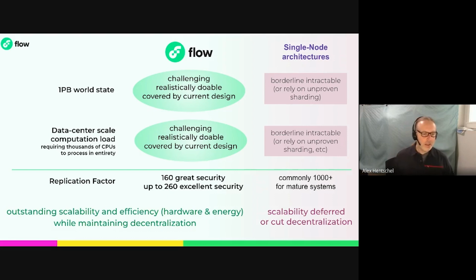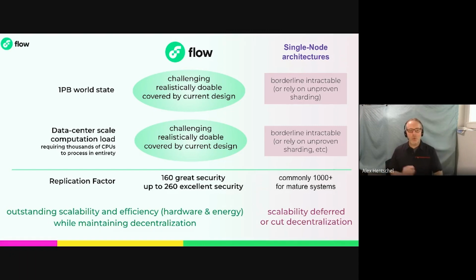Within a single node architecture, it's essentially intractable to have more than whatever fits in a single strong server machine. So you see here that in Flow's architecture, scalability becomes possible, which is fundamentally limited in the single node architecture.